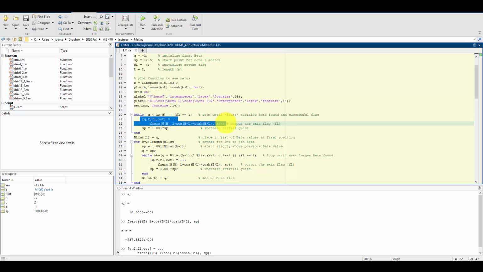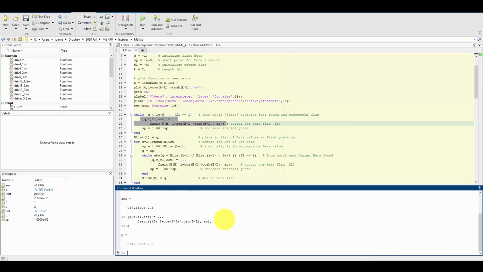I'm getting a q value. That is my current best guess at beta, and we know that this one is bad. It's negative. I'm getting f, the value of the function, which I'm checking here. It should be 0 or really, really small, and here it is. So this is probably a real root.